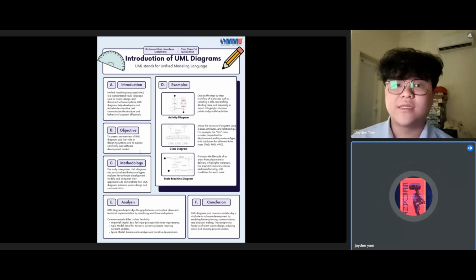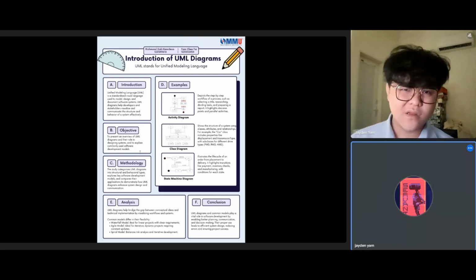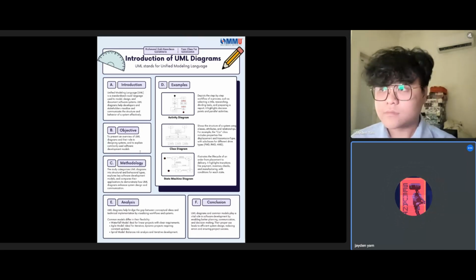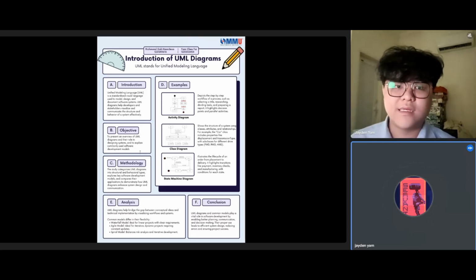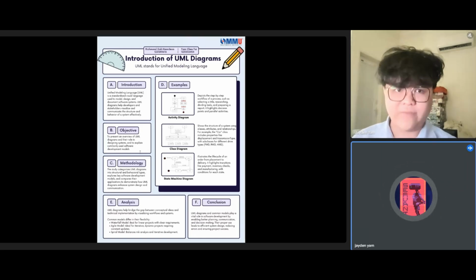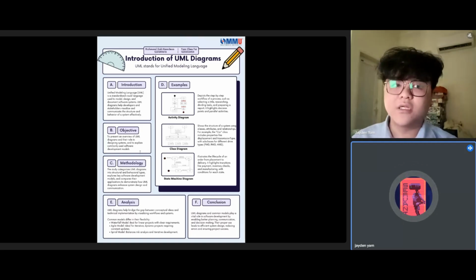The last example we have is the state machine diagram. It illustrates the life cycle of an object or process and its state transitions. For example, in an order management system, the life cycle of an order might include states such as order placed, payment confirmed, inventory check, and order shipped.